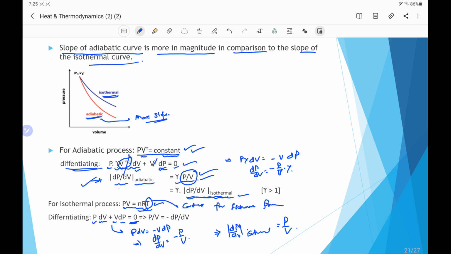Therefore we can say the slope of the adiabatic process is equal to gamma times the slope of the isothermal process, and gamma is always greater than 1, where we have already mentioned that gamma is the specific heat ratio at constant pressure and constant volume. We know the specific heat at constant pressure is always greater than Cv, so this implies that gamma is always greater than 1. Hence the slope of the adiabatic process will be more than the isothermal process.